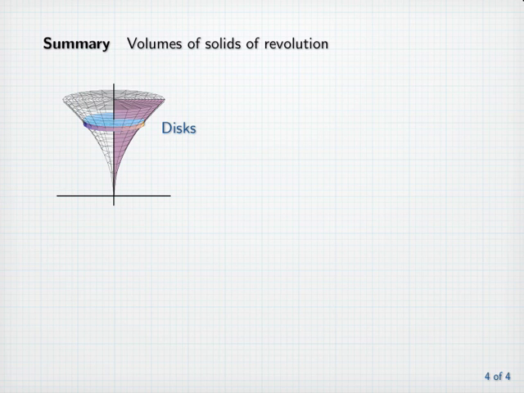We use that disk to write the volume differential that we're going to integrate. The disk has a radius, which we'll call r, and the volume differential corresponding to that disk is dV equals pi times r squared times dy, which we think of as the thickness of the disk. Now, of course, in this case, r would have to be expressed in terms of y.